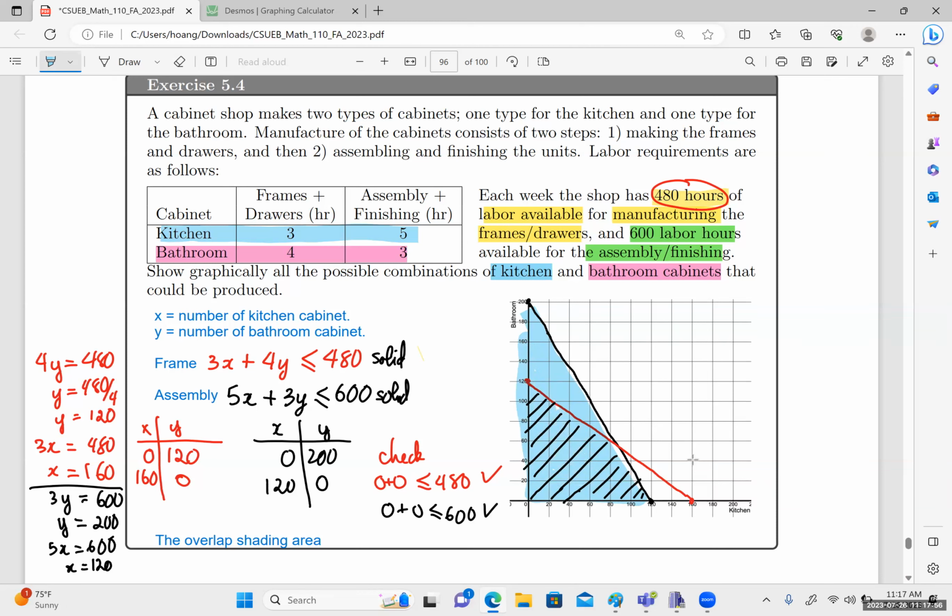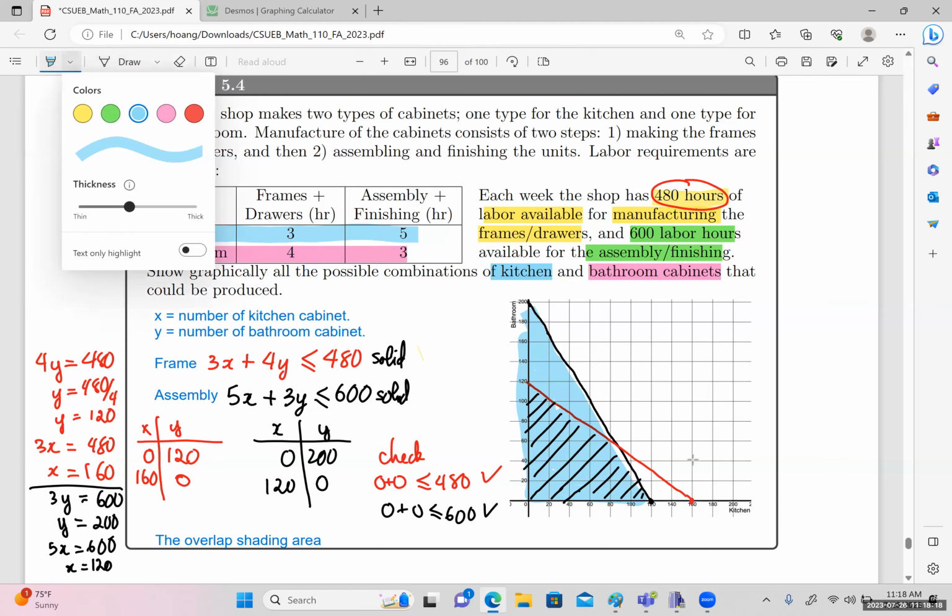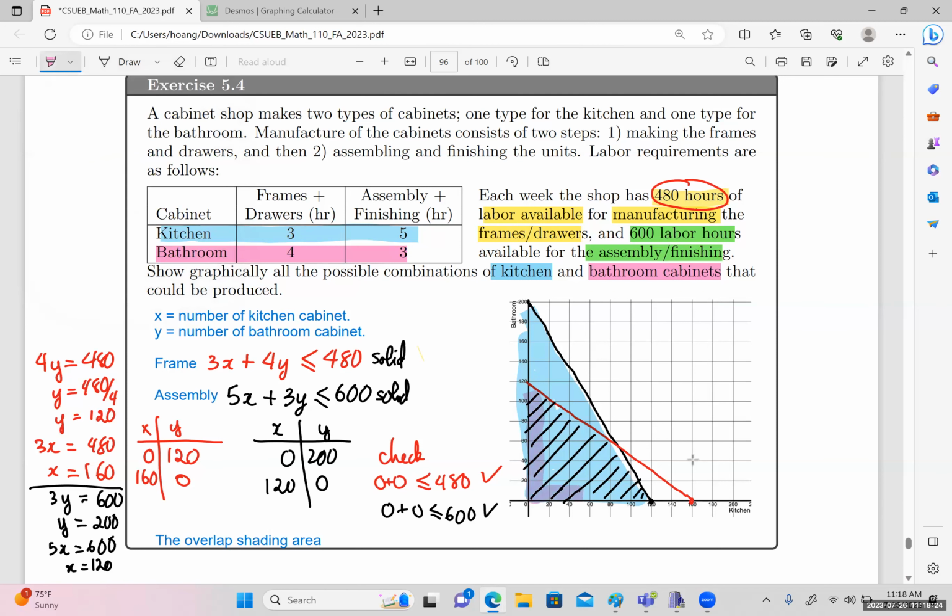Not including the negative. And the next one will be here. Purple. Our shading area is purple.